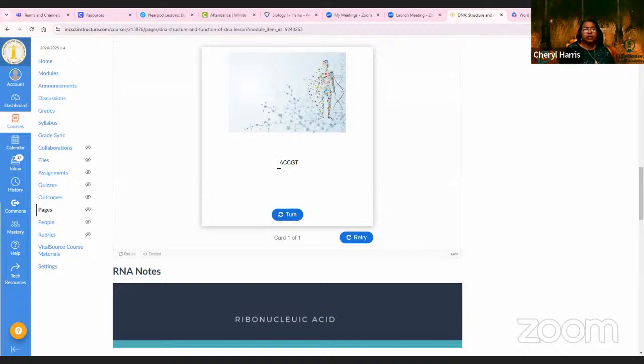Okay, so this is the type of thing that you're going to have to do. They will always be giving you a base pair sequence, and then asking you, what is it going to look like on the other side?